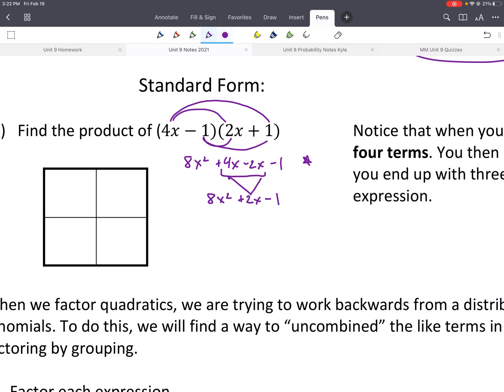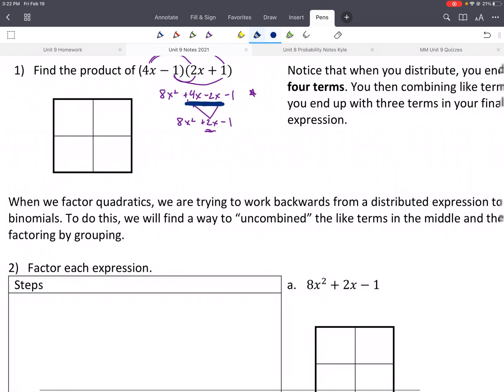Today we're going to cover that last step. We're going to take a quadratic with 3 terms, and break that middle term into 2 separate terms so that we can do grouping. And I'll explain how we do that.